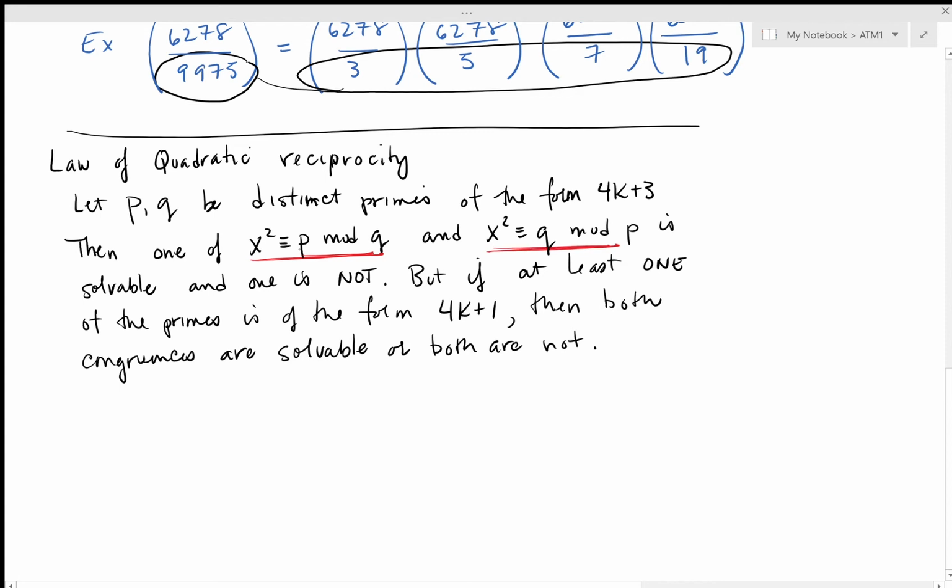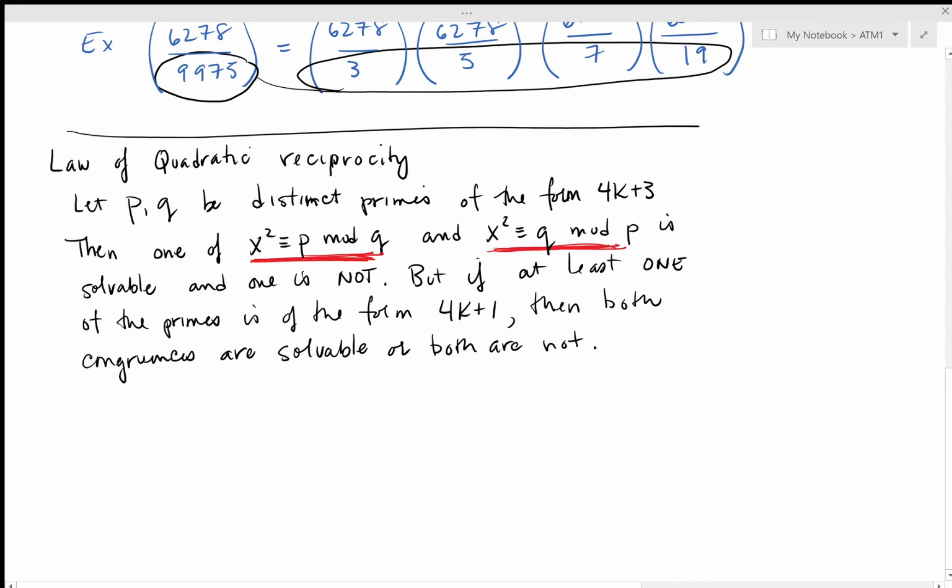So in this one over here, if this congruence were to be solvable, that would mean that p is a quadratic residue mod q. And that actually tells you, depending on the form of the primes, whether or not q is a quadratic residue mod p. They're related in this, I think possibly not an intuitive thing to think of. So they're related in this manner.